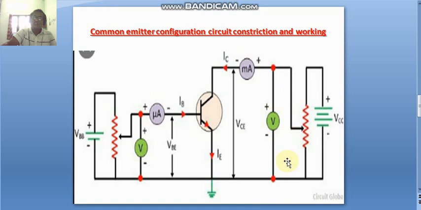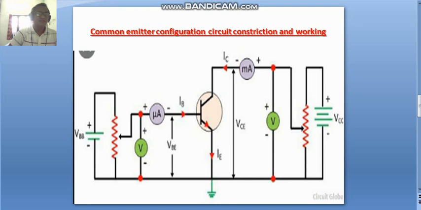This rheostat is arranged in the circuit to vary the values of voltage as well as current. VCC and VBB are the energy sources, the batteries that operate the electronic circuits.